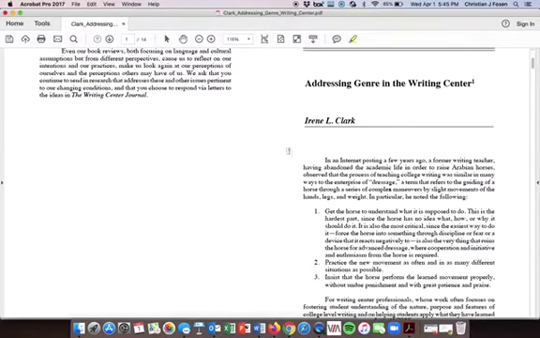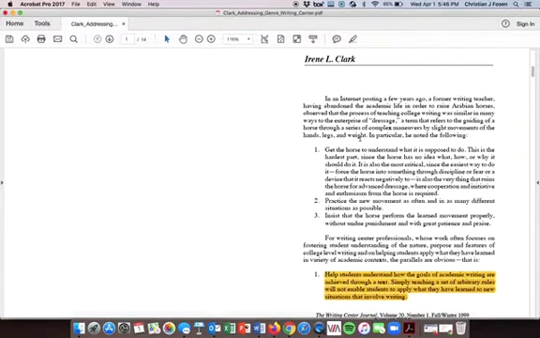When we're talking about genre, and Irene Clark here is talking about addressing genre in the Writing Center, we are talking about what we can do as tutors and as mentors to advance not only students' ability to write in a variety of different genres in the university, but also to be more mindful and have a better, deeper rhetorical awareness of the moves that they make and the conventions that they use in a variety of different kinds of situations.